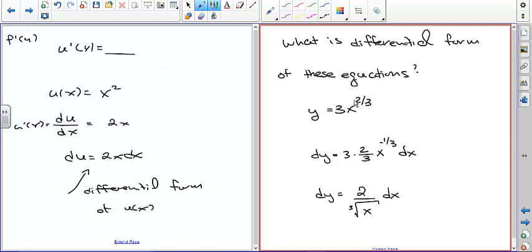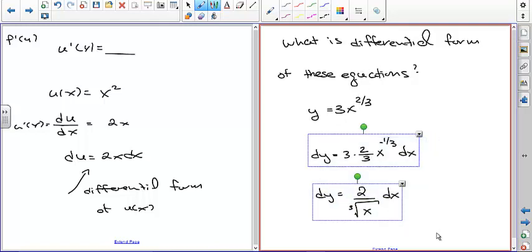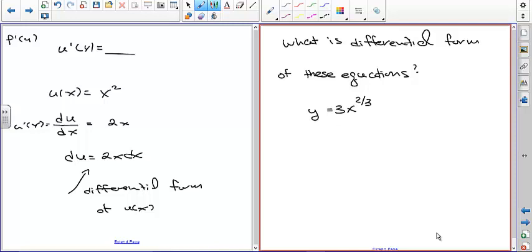So let's just look at these equations. What is the differential form of these equations? Well, what you do is you just take the normal derivative. So you'd say y prime is equal to the exponent times x to the exponent with 1 subtracted.